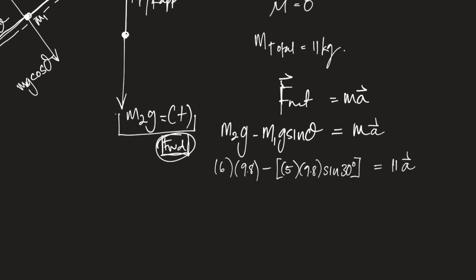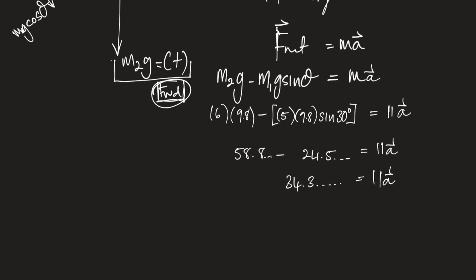Divide both sides by 11. So I've got on this side 58.8 minus 24.5 is equal to 11A. Or I can say 34.3 newtons is equal to 11A.